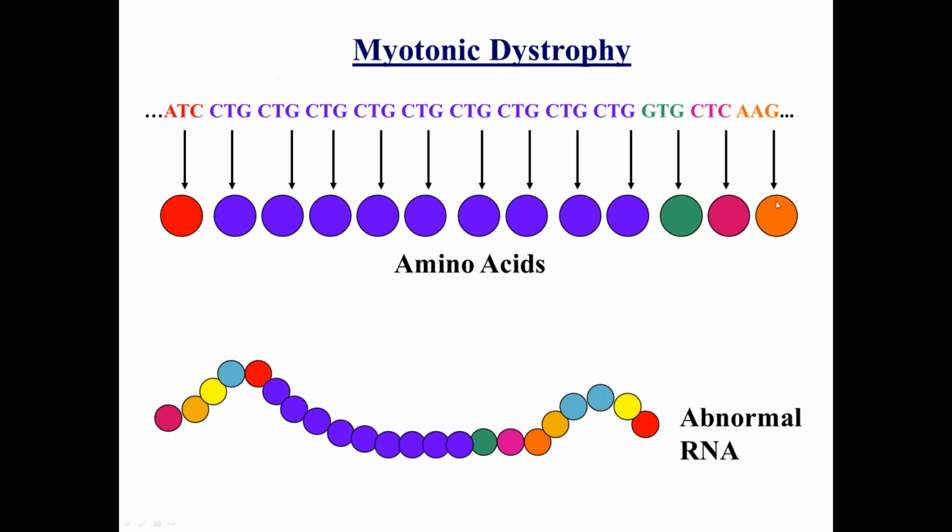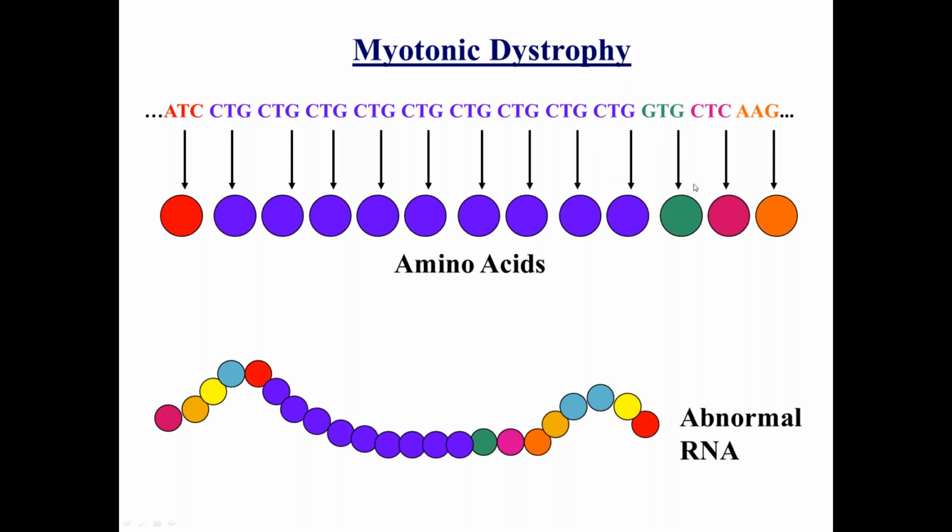So going back to here, one thing I just want to explain that's very important for our purposes today is that when a parent has an expanded repeat, that's what we call the genetic mutation in this condition, an expansion or expanded repeat. When a parent has this gene mutation, when they pass it on to a child, the number of repeats can change. The number of repeats can get larger or it can get smaller.